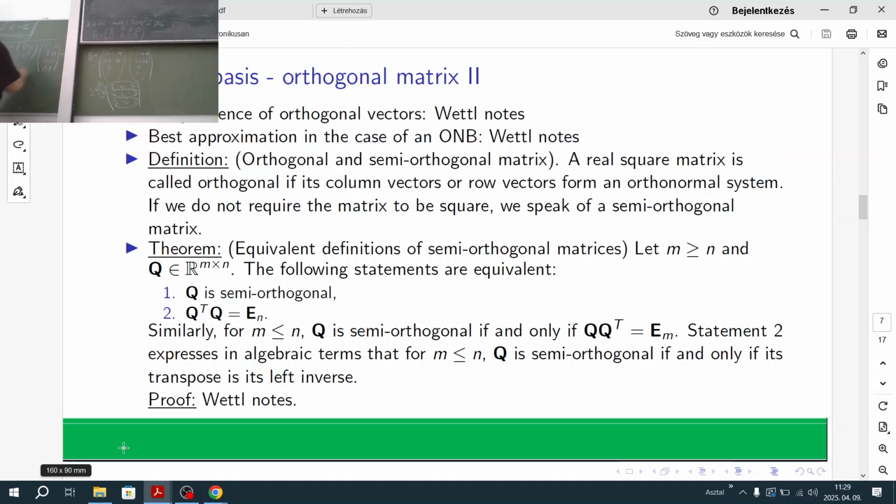And then that's 1, that's 0, that's 0, and that's 1. And this is A2. So this is also an orthogonal matrix.